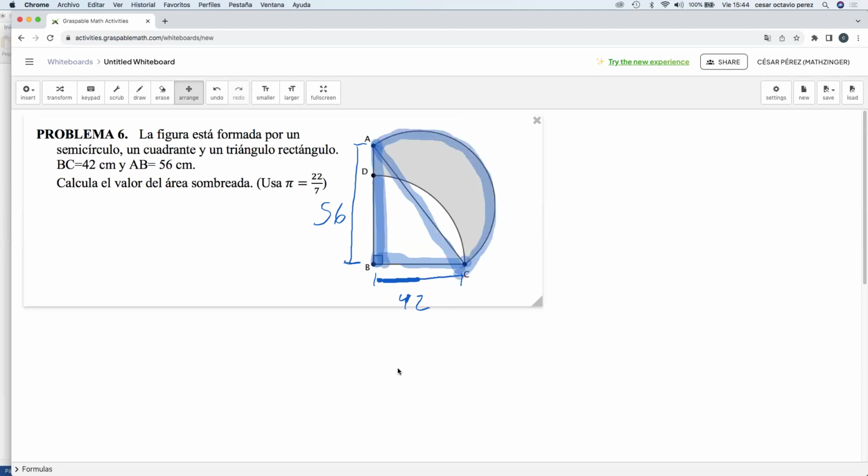Let's see. First, we need to see all the figure. We are going to have this a triangle plus a semicircle. Okay? And we are going to subtract this.